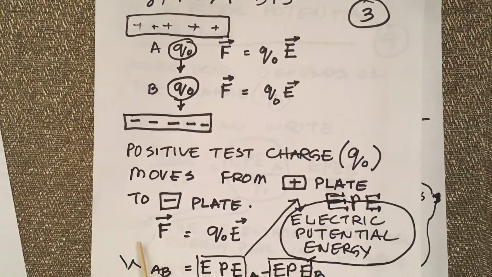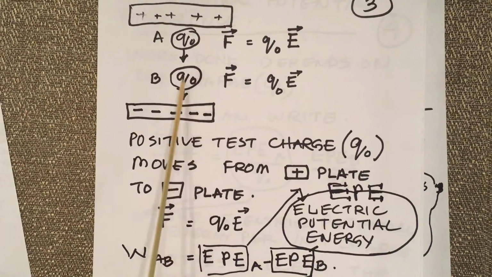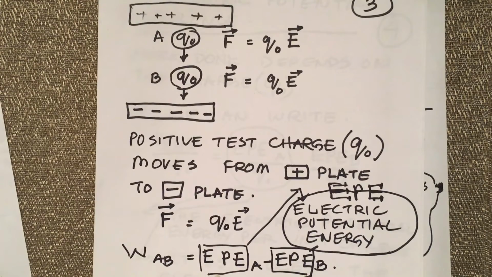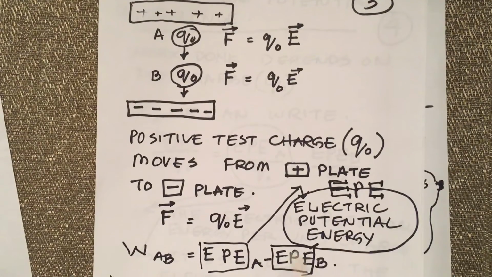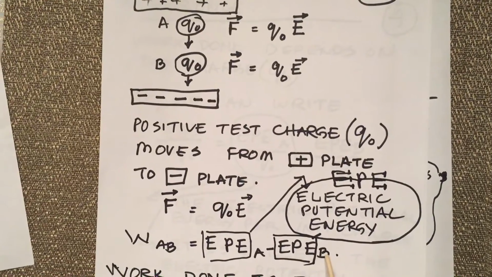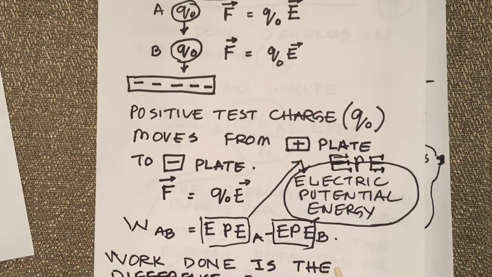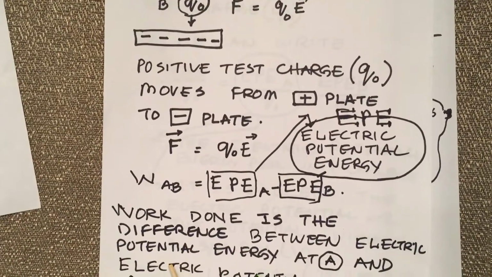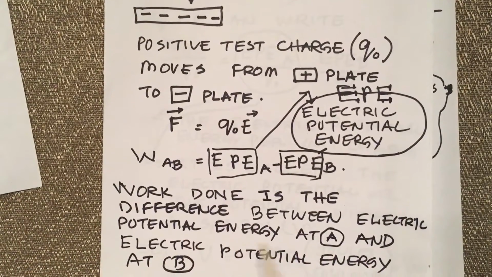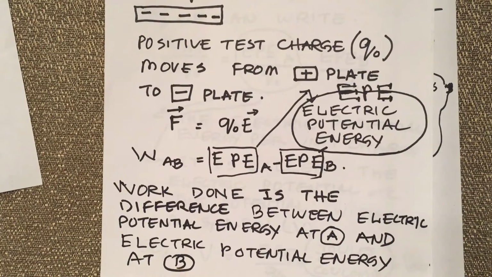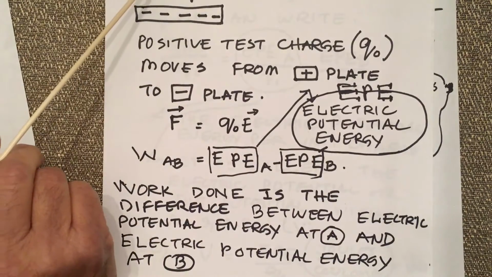Now the work done is the difference between these two points, like we calculated for the gravitational potential energy. So here we define EPE, which is electrical potential energy, for A and electrical potential energy for B. That difference is going to give you the work done between A and B. So work done is the difference between the electrical potential energy at A and the electrical potential energy at B. Look at the distance the plate is.